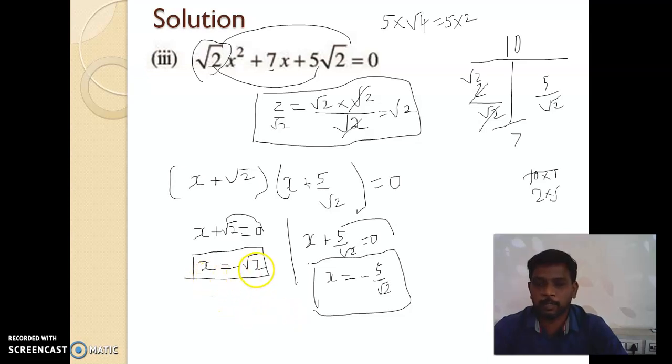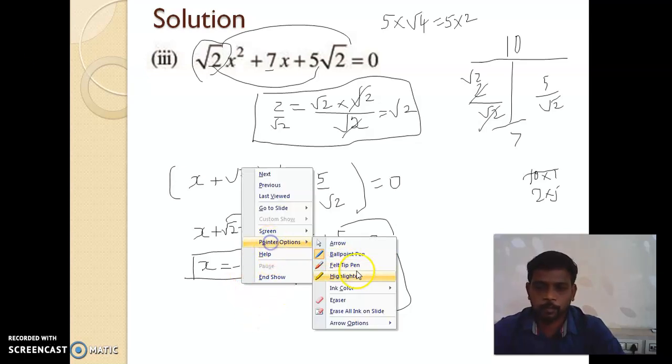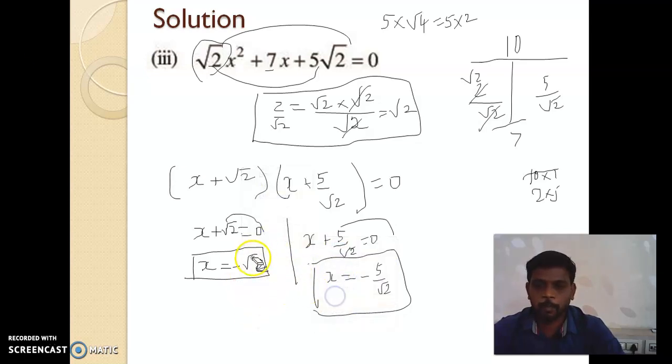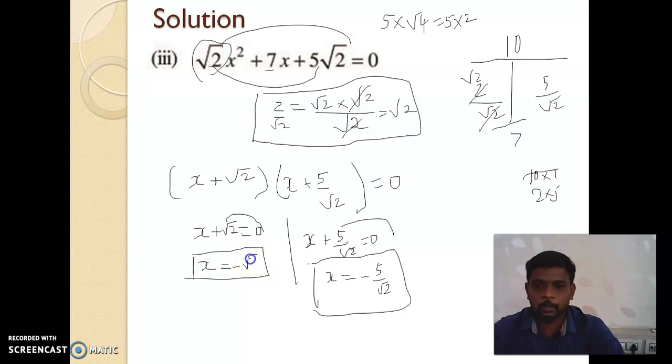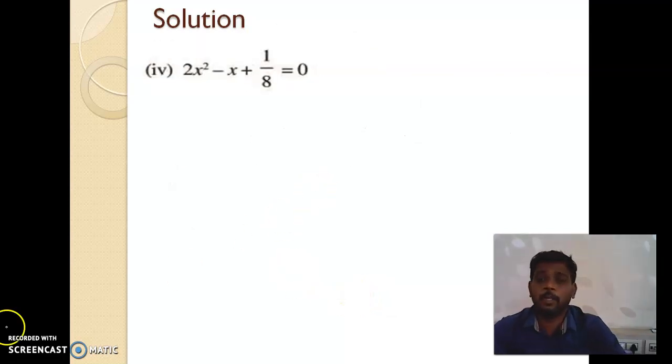So x equal to minus root of 2 and x equal to minus 5 by root of 2. Right, look at the last one.